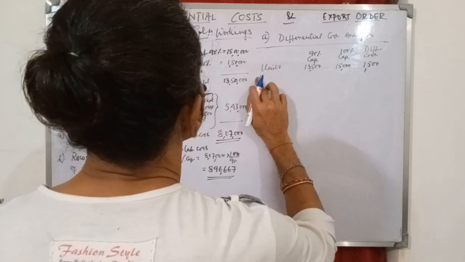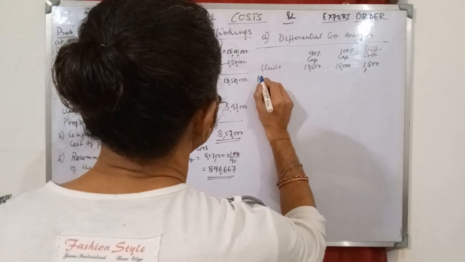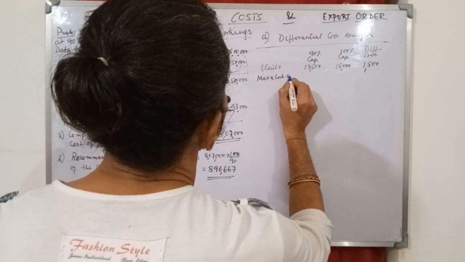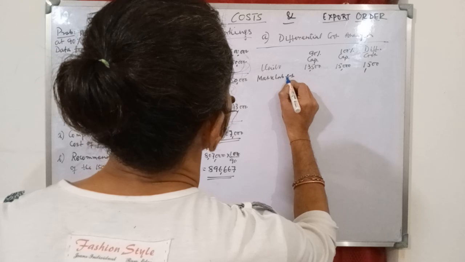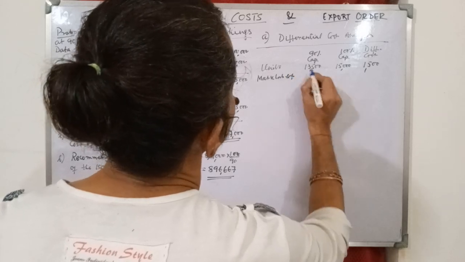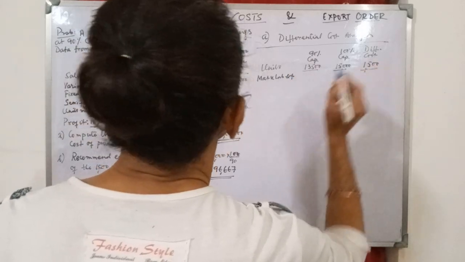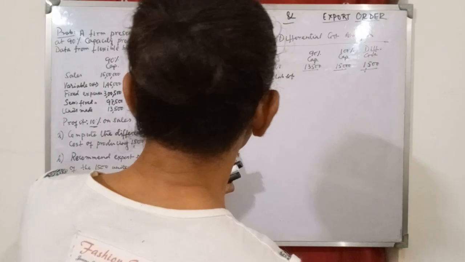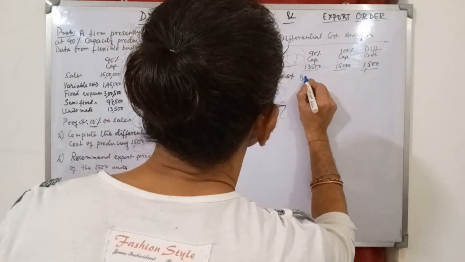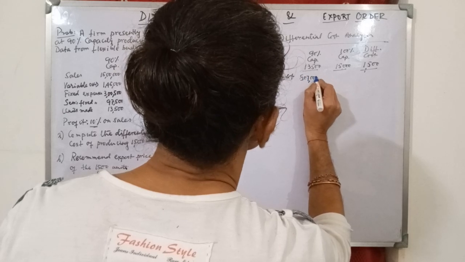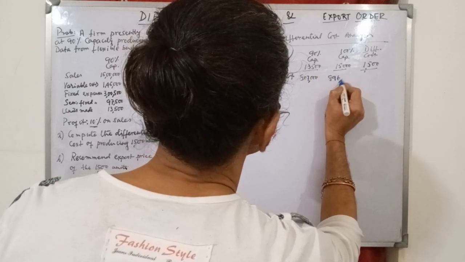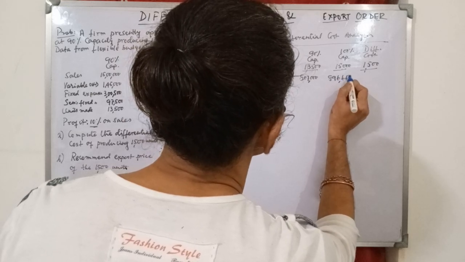Start with material and labor cost. Here it is 8,07,000 and here it is 8,96,667.